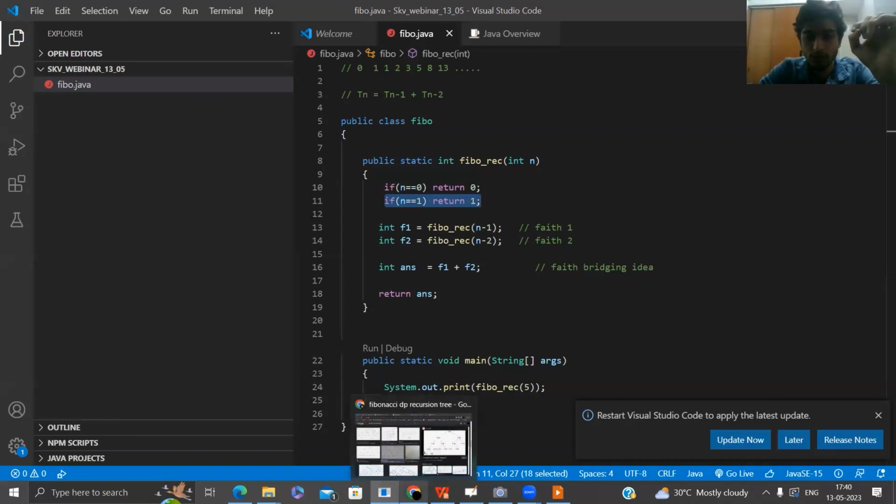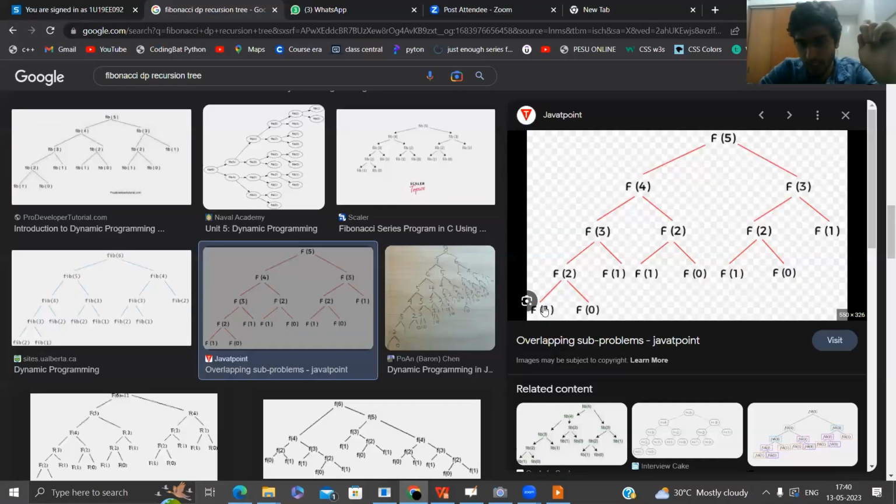So here your n equals 1, right? Here your n equals 0. So this guy is going to return 1 to Fibonacci of 2, and this guy is going to return 0 to Fibonacci of 2. And what Fibonacci of 2 is going to do, it's going to hold these two values in f1 and f2. In f1 we basically have 1, and in f2 we basically have 0. And this Fibonacci of 2 is going to add them up together, and it's going to return it to Fibonacci of 3. So Fibonacci of 2 returns 1 to Fibonacci of 3.